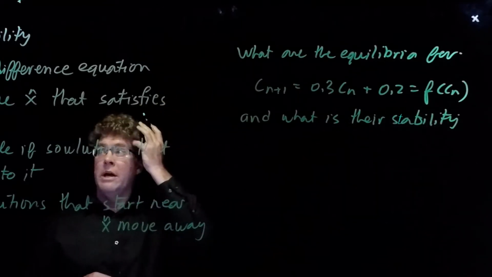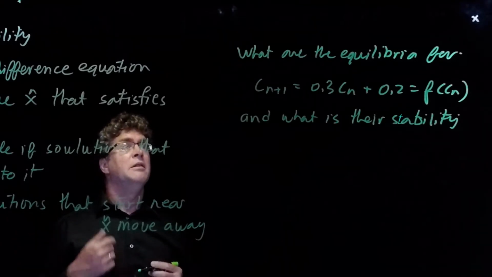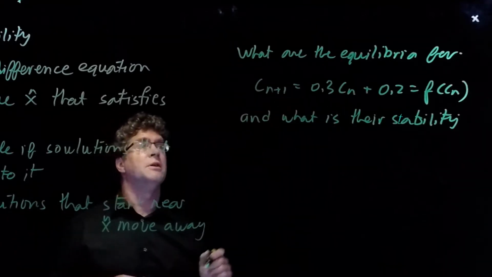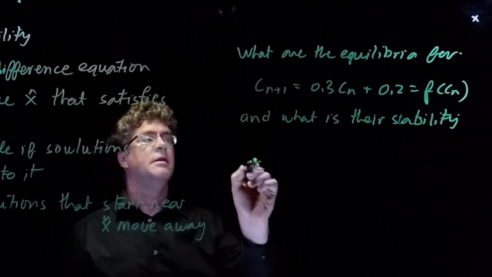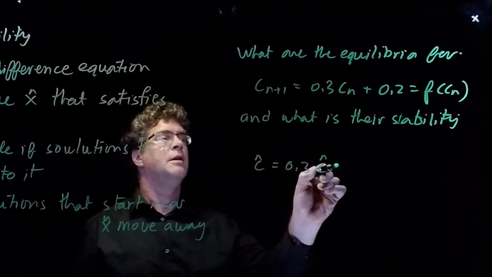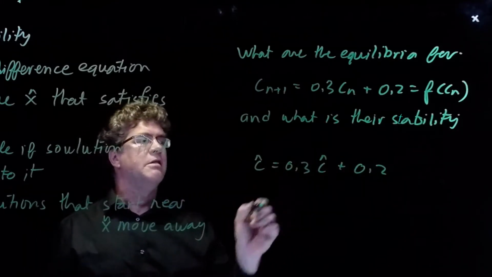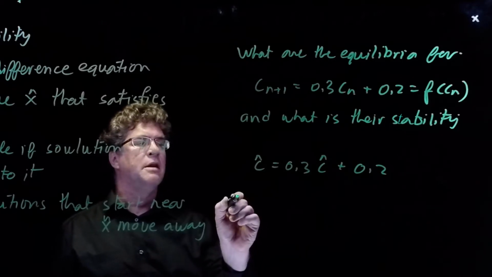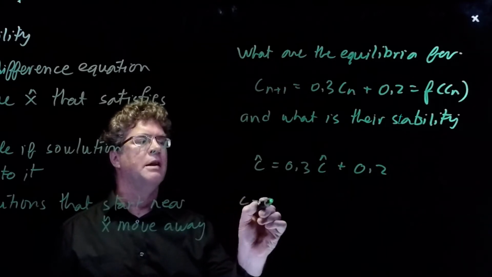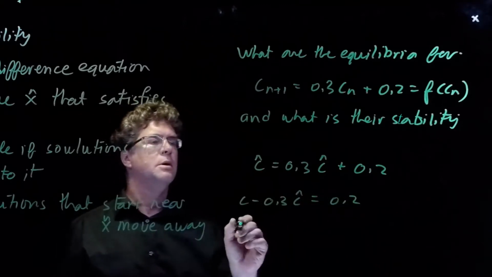Okay, one way that we can calculate then is just to plug the C hat into this equation here. So we have C hat is 0.3 C hat plus 0.2. And if we take the 0.3 C hat to the left-hand side, we have C hat minus 0.3 C hat is equal to 0.2.